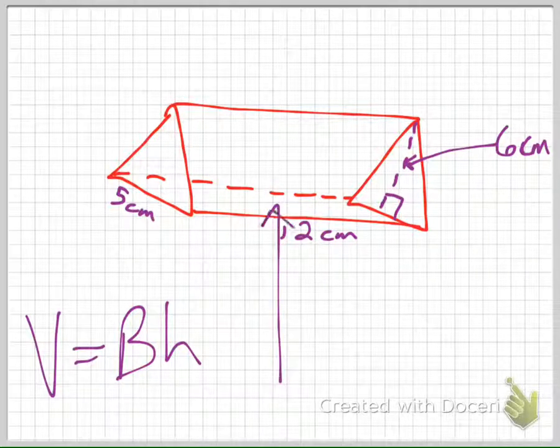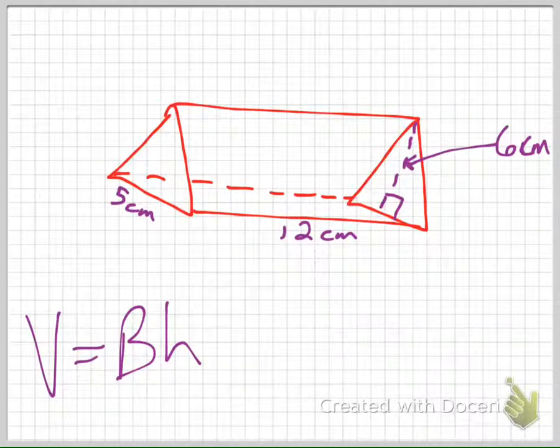That's not the base. That's one of the lateral faces. If there's a prism, the base is the two congruent sides that are parallel with each other. That's the base. So what's the base of this thing then? What are the dimensions? 5 is the base times 6, but what's the rule?